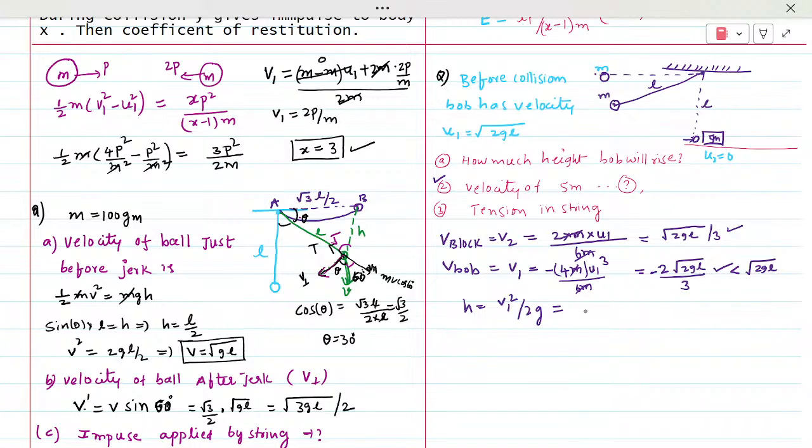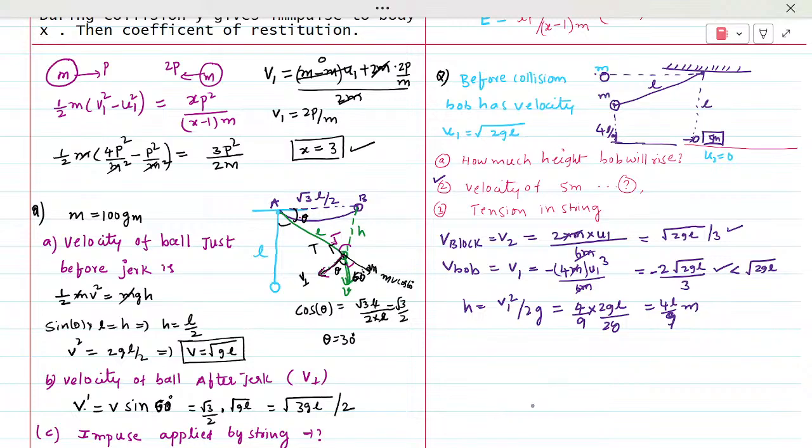V1 square is 4 by 9 times 2gL, and kinetic energy is never negative, so 4 by 9 into 2gL by 2g equals 4L by 9. So the height raised from the origin is 4L by 9, which is less than L, no doubt at all.